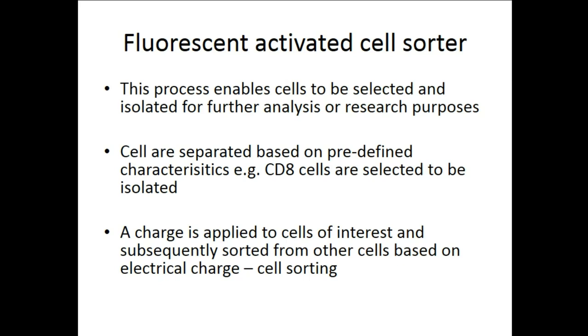Whereas generally what happens in flow cytometric analysis is you put the blood sample into the flow cytometer, you measure all the events, and then the blood goes into a disposal chamber. The difference with the FACS, or the fluorescence activated cell sorter, is there's a different container for the cells that you're interested in. So it lets you identify cells, isolate those cells by themselves, and subsequently that's when you can do some interesting research with it.